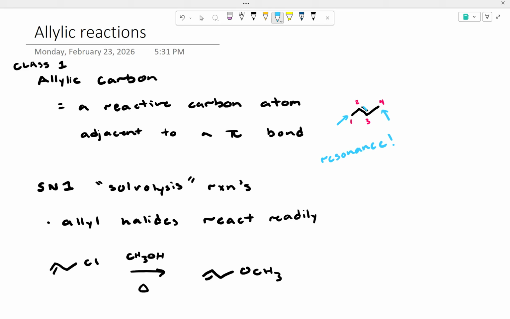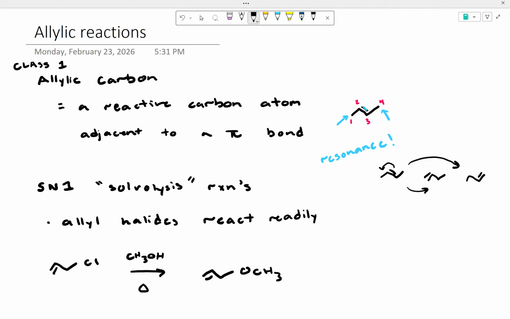And we know that resonance is kind of just, I have this molecule, but this molecule's electrons in the pi bond could be pushed to here. So perhaps in some time or space, this molecule also exists as these other forms.